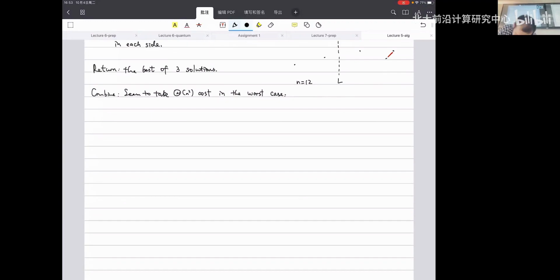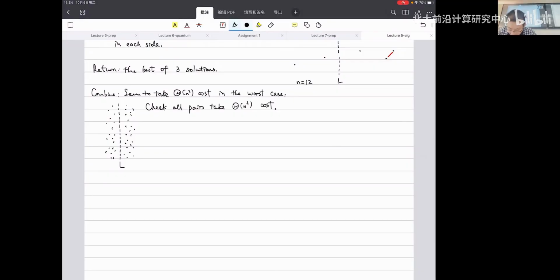You can just imagine there is some a little bit weird case where you have an L here, but all the points are really close to each other. What if we encounter such a case? This is probably going to be a little bit embarrassing. The observation is based on that checking all pairs takes theta n squared cost.